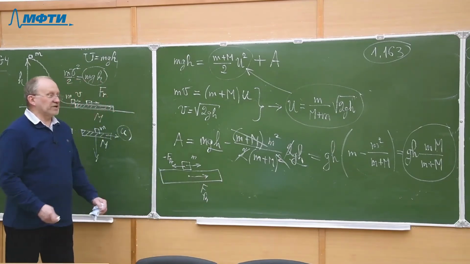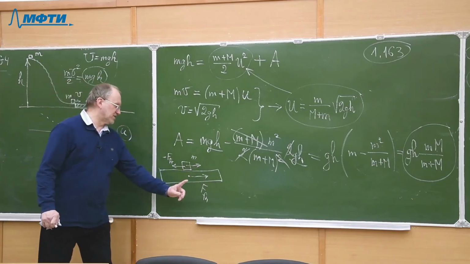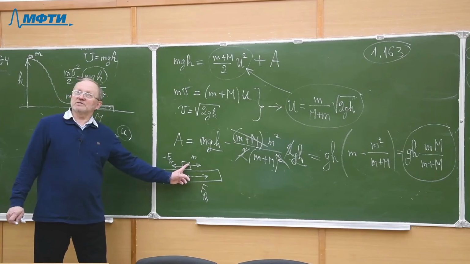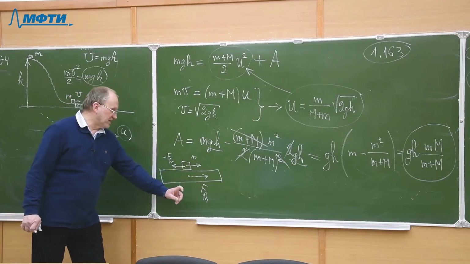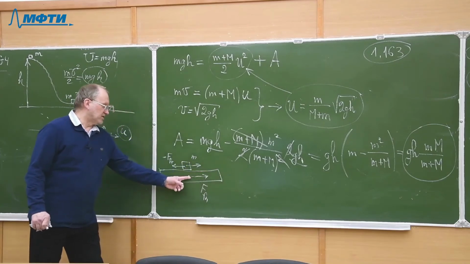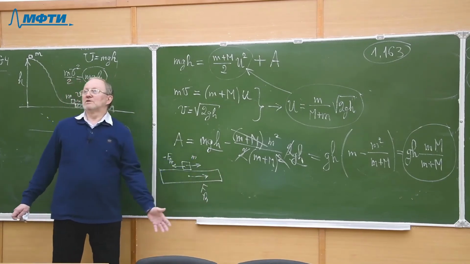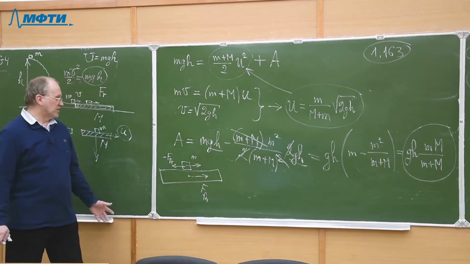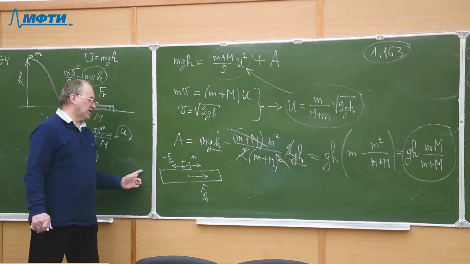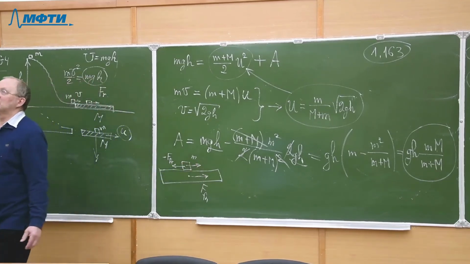So if you calculate work as force times displacement, there are two possible ways to calculate it. You may take this force of friction, which is directed here, and multiply by displacement, and it will give you the positive work performed. But you may take this force of friction, which is directed oppositely, and multiply it by displacement, and that will give you negative work performed.